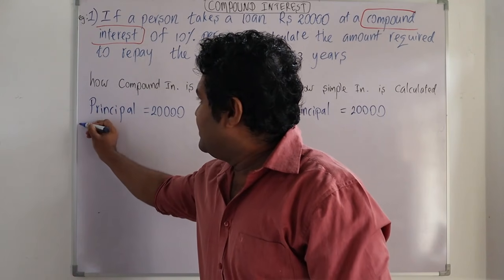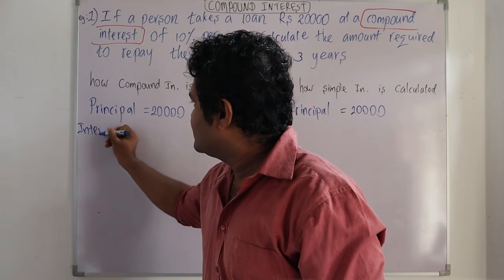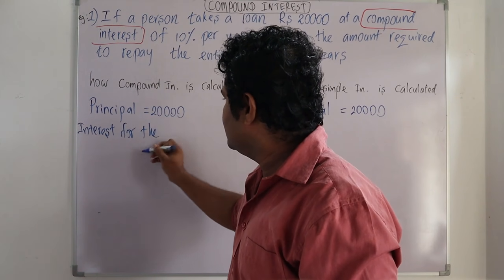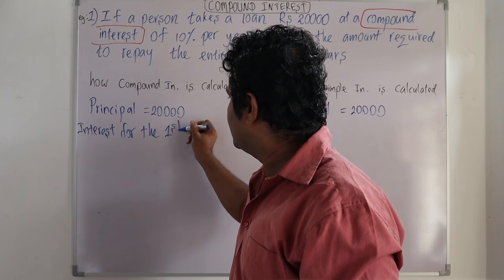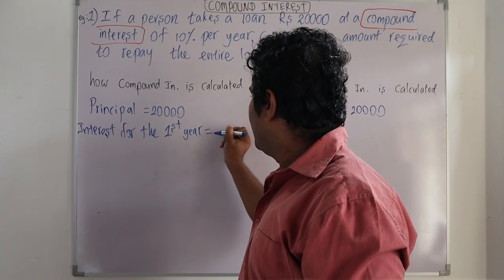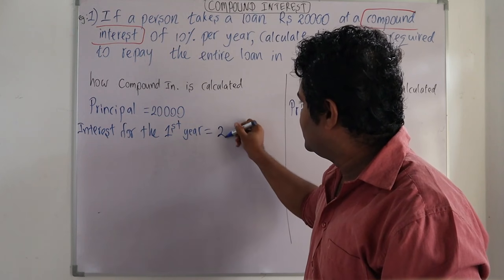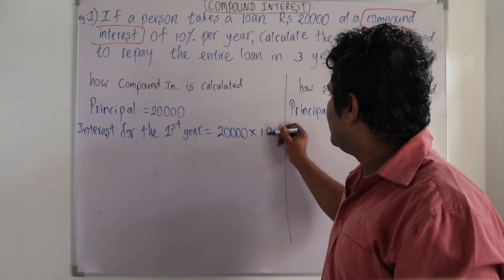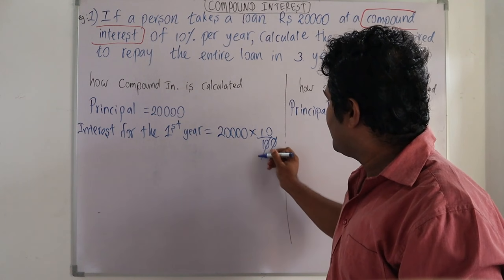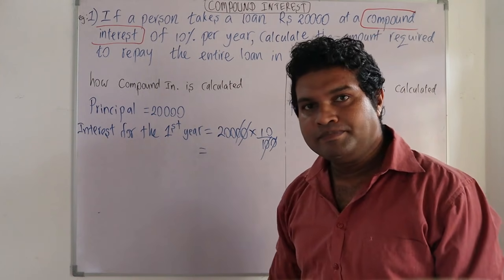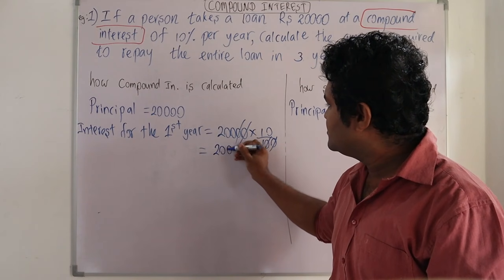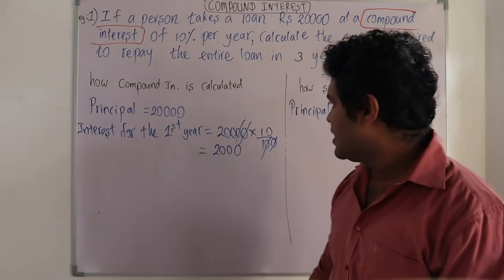Remember. And interest. Interest for the first year: 20,000 into 10 over 100. By simplifying, we get 200 into 10, 2,000 rupees.